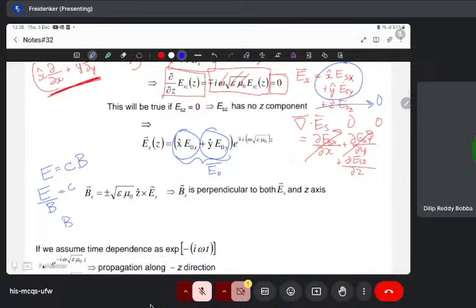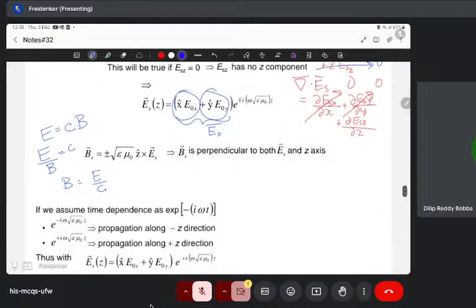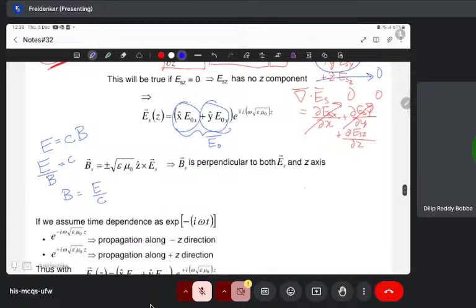So B is nothing but E by C. Later we'll prove that C is nothing but this is C, or else I'll put V here. We'll come to this later. It's like a spoiler at this point, but I told you this will prove this.